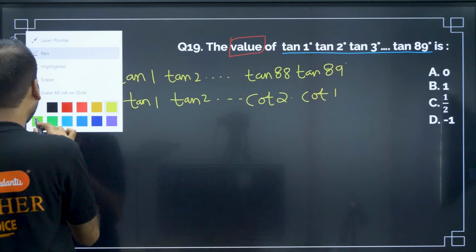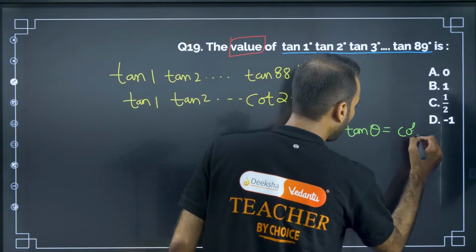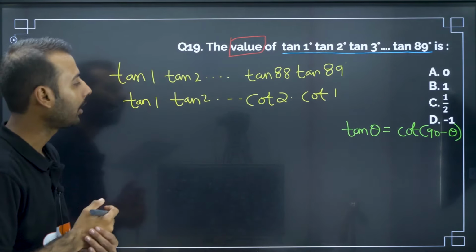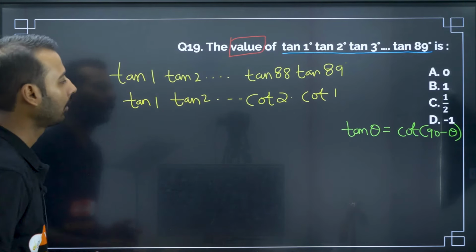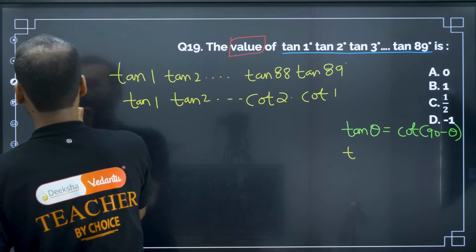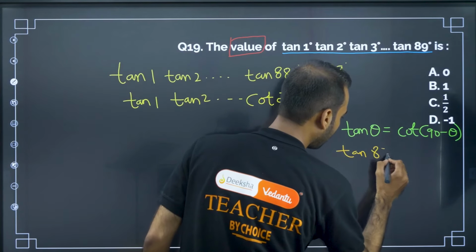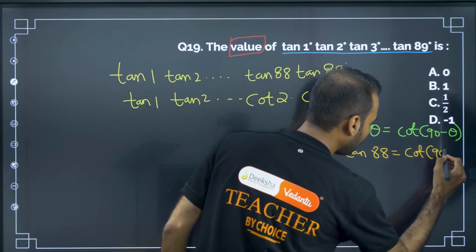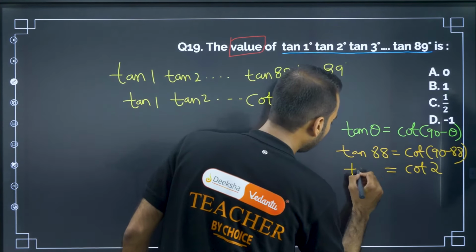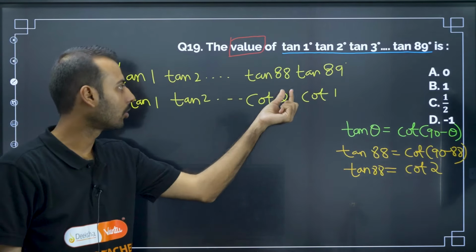Now the reason why I am writing like this, one important point you should know: tan theta can be written as cot of 90 minus theta. Tan theta can be written as cot of 90 minus theta. So if here it is tan 88, tan 88 can be written as cot of 90 minus 88. So this is cot 2. Tan 88 is equal to cot 2. Tan 89 is cot 1.